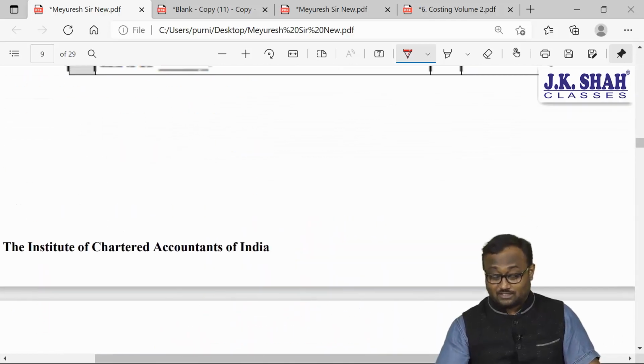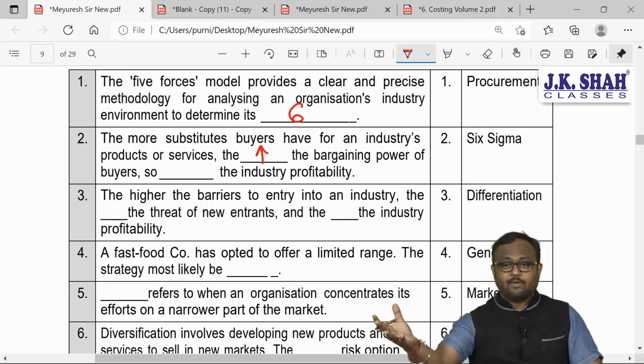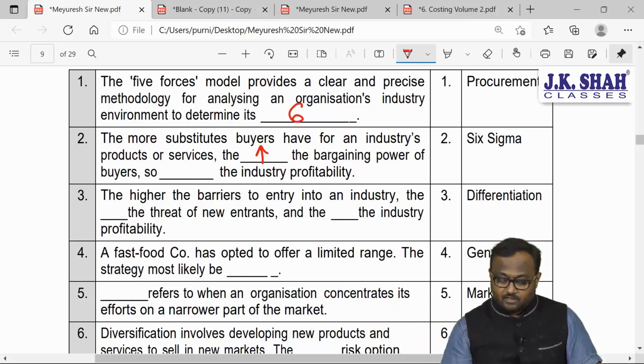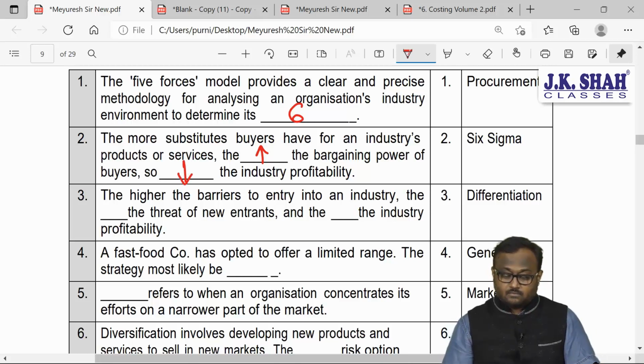Okay, let's think about it. The more substitutes buyer has in the industry, so what do you think? Higher will be the bargaining power of buyers. The buyer has substitutes, the buyer has options to go anywhere, so bargaining power is in the buyer's hands, and it will be lower profitability in the industry.